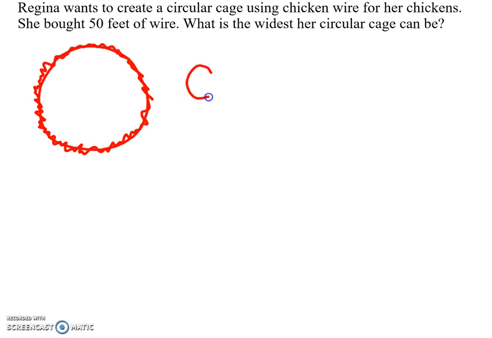And I know that the circumference is equal to the diameter times pi. Now, when she says that she bought 50 feet of wire, I have to think, does that represent what I can use to create the circumference, or is that what's used to create the diameter? In this case, I think about the wires going along the edges here.